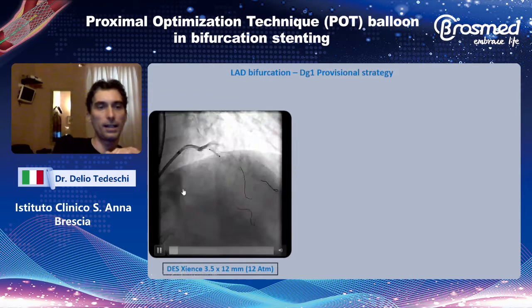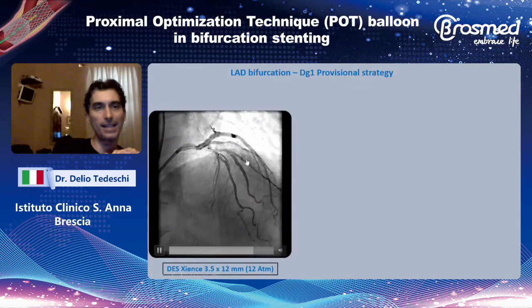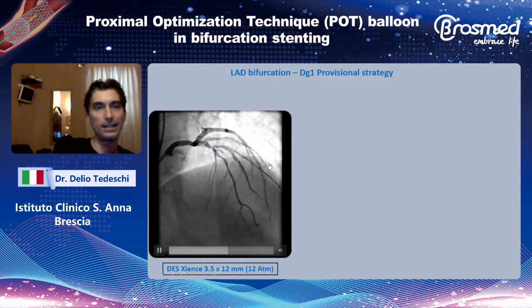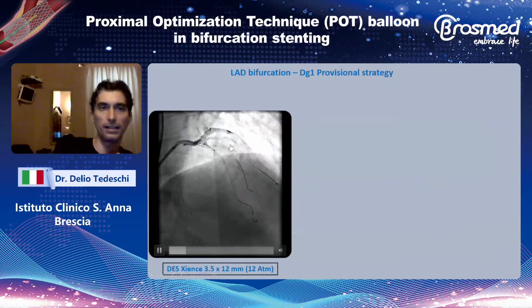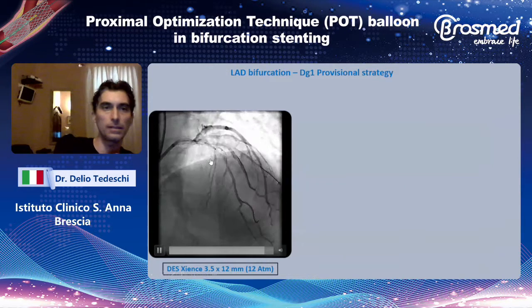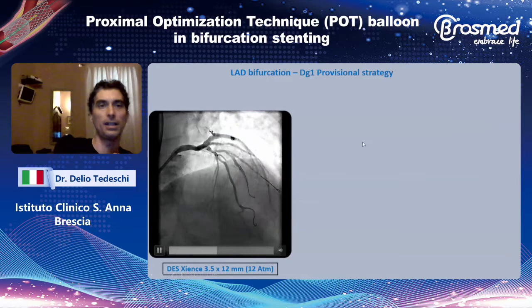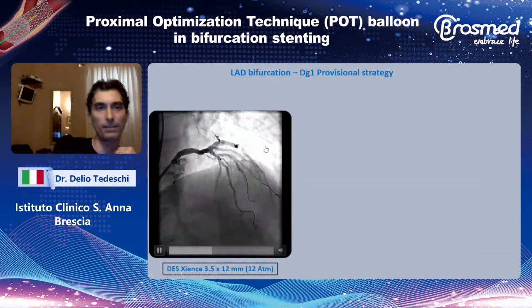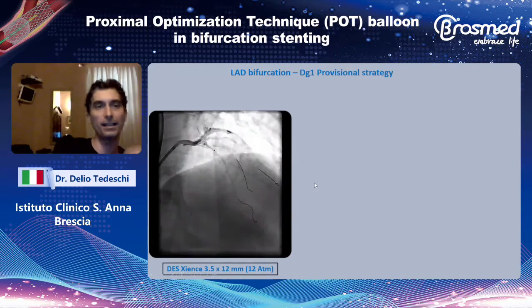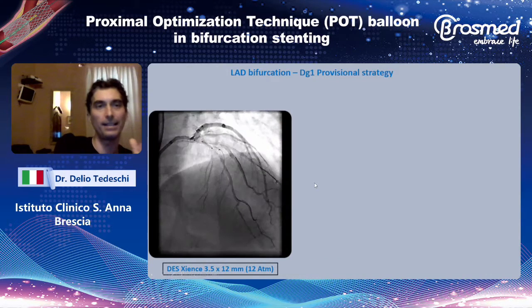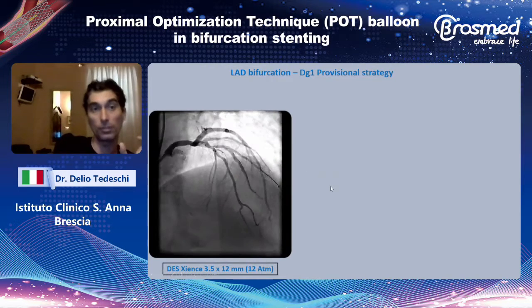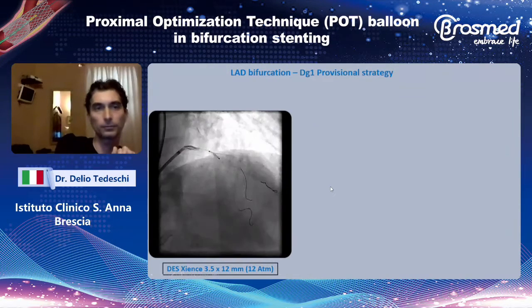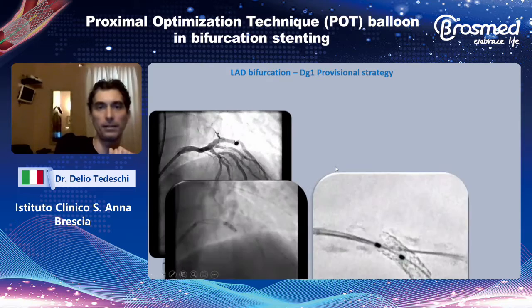So this was the drug-eluting stent exactly implanted at the level of the distal landing zone where the vessel was healthy. We can see here the level of this small septal branch, and exactly implanted at the level of the aneurysmatic portion, because it was very short. So 3.5, 12 millimeter.